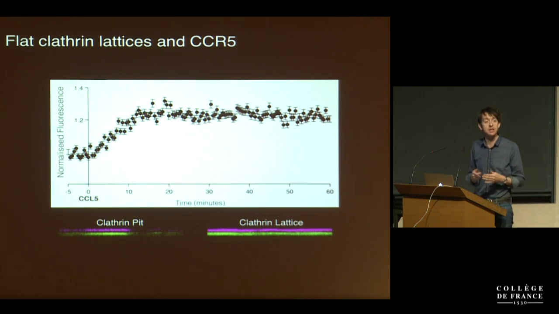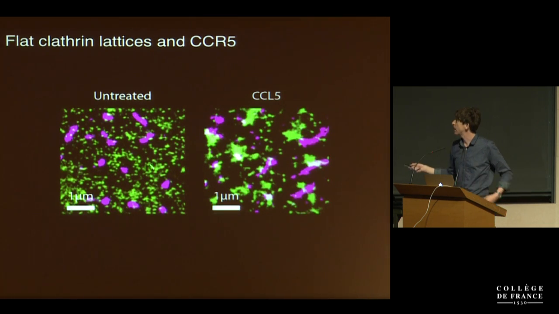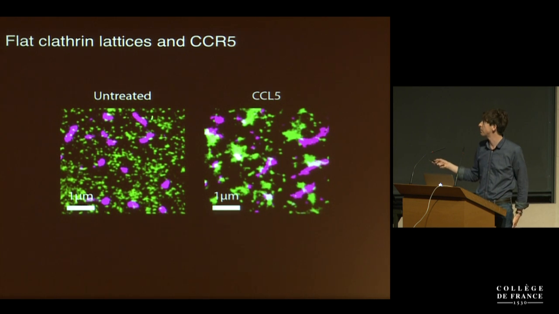So having studied this in live cells, we then returned to super-resolution microscopy to get a molecular view of these processes. So again, CCR5 is in green, clathrin in magenta. In untreated cells, CCR5 is relatively evenly distributed and doesn't show any or very limited association with clathrin.